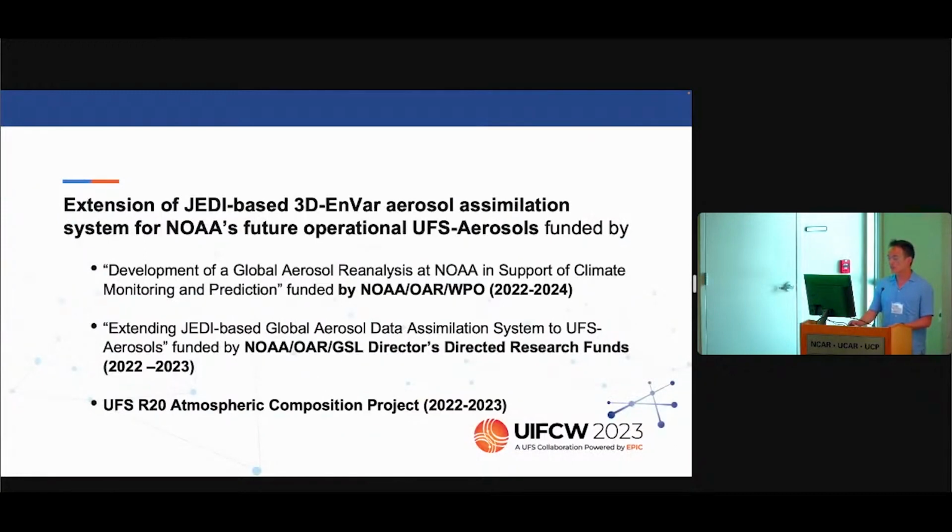Recently, we extended this JEDI-based 3DEnVar aerosol assimilation system for NOAA's future operational UFS aerosol model. This work is funded by NOAA WPO and the GSL DDR funding, and partially by the UFS R2O Advanced Compilation Project.